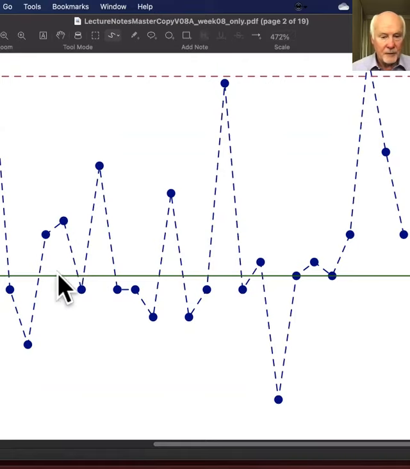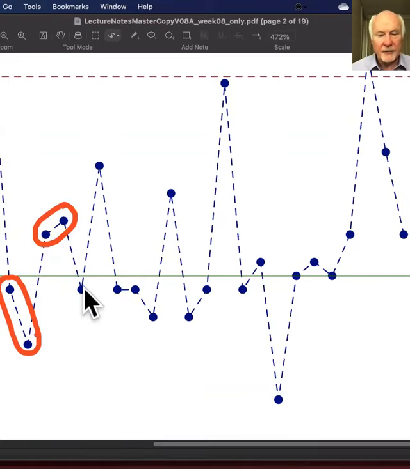So I'll mark some runs. So there's a run. That's a run of 2. And then we have another run of 2. Okay, that's above. So they've got a run below, a run above. That's just 1 point, so that's not a run. That's 1 point. That's not a run. Then we go below the line here, and now we have a run of 3.